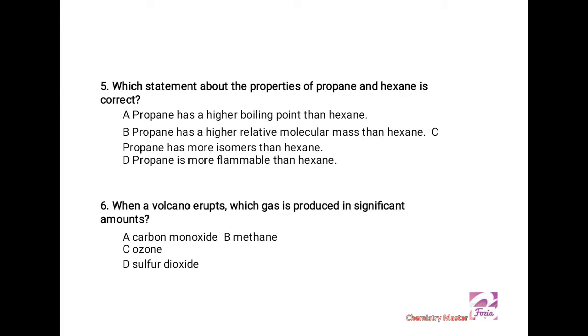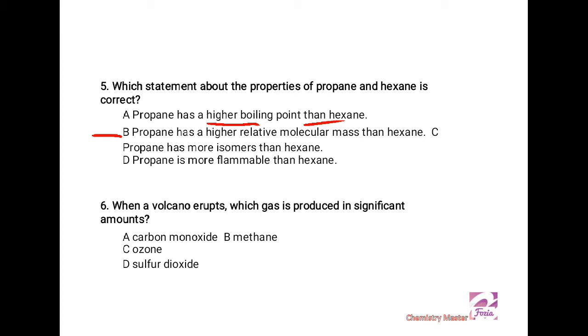Fifth MCQ is, which statement about the properties of propane and hexane is correct? Now we see what options are there. Option A, propane has a higher boiling point than hexane. Okay, we can think for it. Option B, propane has a higher relative molecular mass than hexane. It can't be true because hexa means having 6 carbons in it and propa means having just 3 carbons in the organic compound.